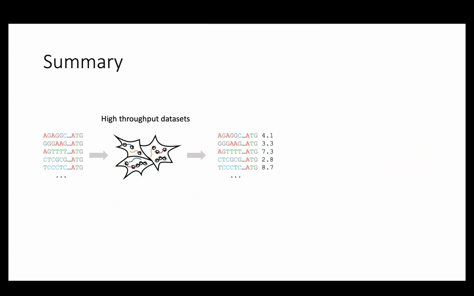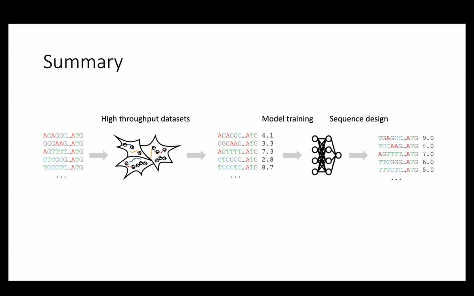And to summarize what I told you, again, apologize for the lack of control theory, but hopefully there was some interest in terms of biology and machine learning. What we do in my lab is we create these high throughput data sets where we read out the fitness of a large number of sequences using some sort of trick relating to high throughput sequencing. We then train models on these data sets. Almost always they're machine learning models, but sometimes, as you've seen in the case of the microRNA, these are biophysical models that we can learn from these data.